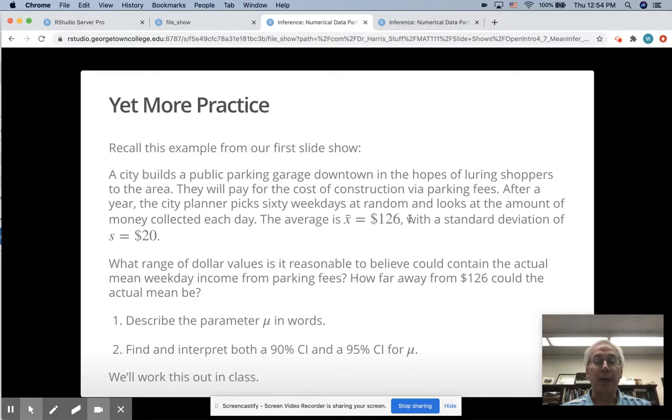They do obtain $126. We're going to come back and talk about the consultant in the hypothesis test in the next slideshow. But if our average was $126 per day with a standard deviation of $20, let's find a confidence interval. So I want you to find 90% and 95% confidence intervals for our population mean, but not before you describe the population mean in words.